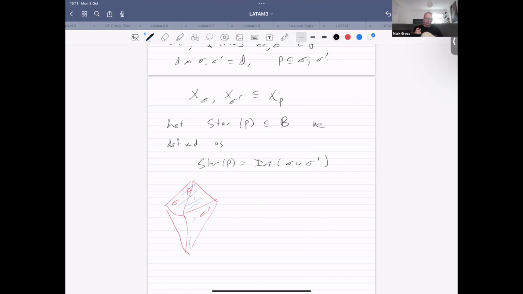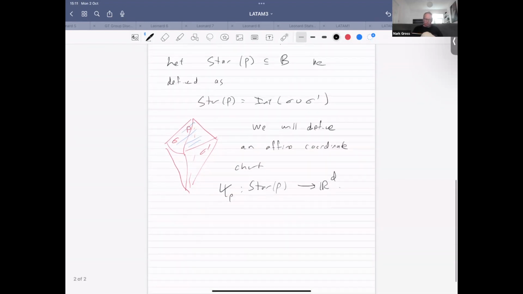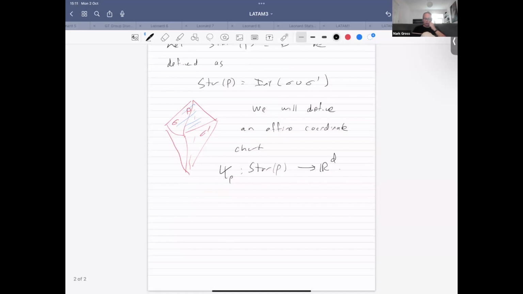And what I want to do is define an affine coordinate chart, psi rho, from star of rho into R^d. Okay, so there's a precise formula for this chart.